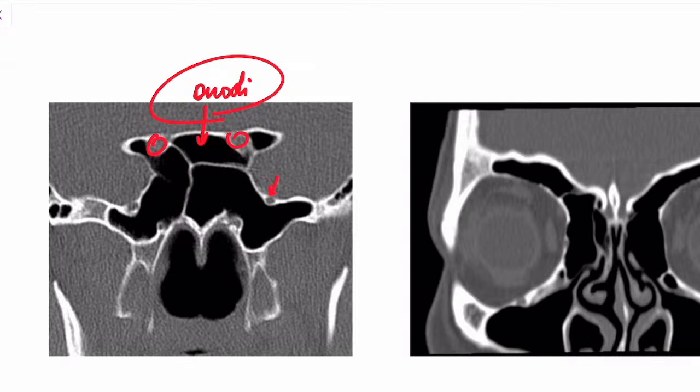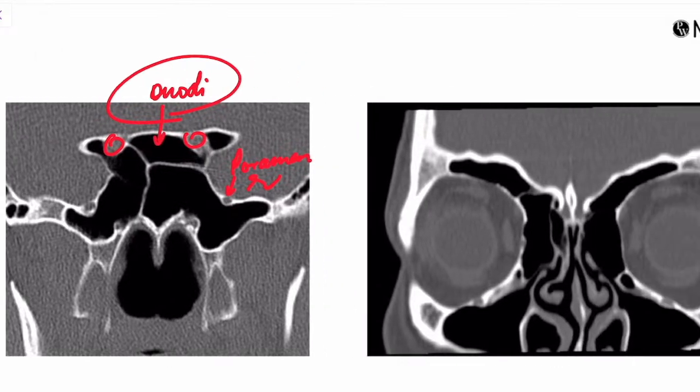You can also see one foramen here, right? This foramen is your foramen rotundum, and through the foramen rotundum, what nerve is going to pass? Your maxillary nerve is going to pass through this foramen rotundum, right?